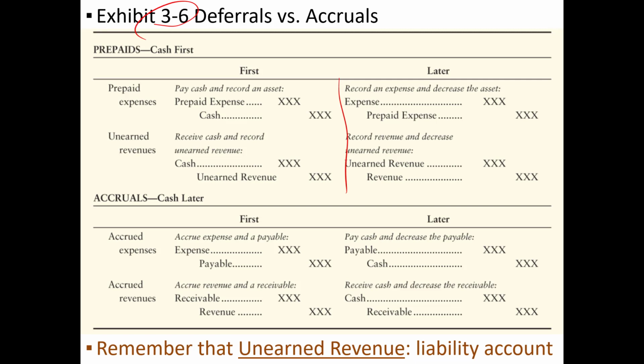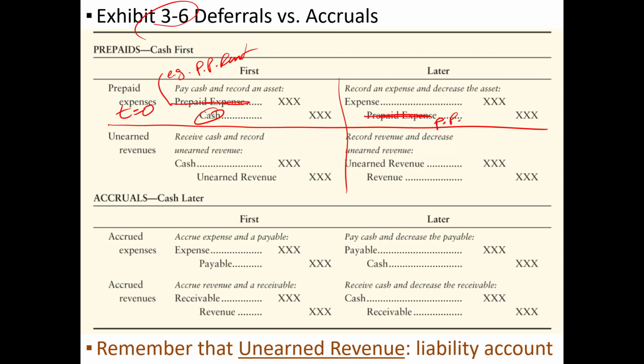When it comes to the prepaid expenses, just think about, for instance, prepaid rent. Cash moves first. This is T equals 0, and then eventually we reduce prepaid rent when the month is up. We record it as expense. We're pushing or deferring expense into the future. Same thing with revenue that we haven't earned yet.